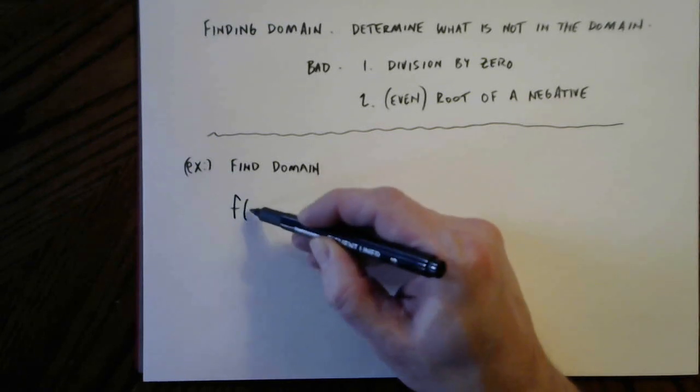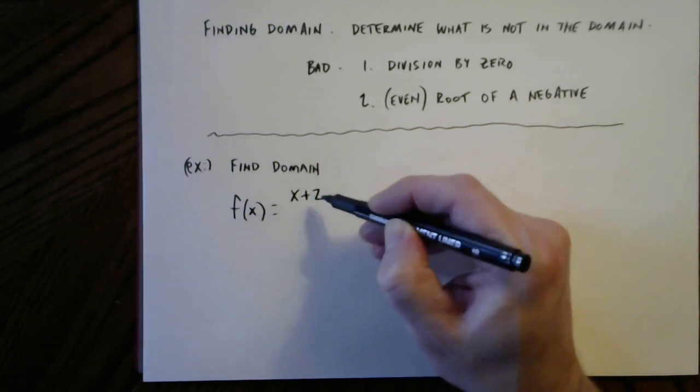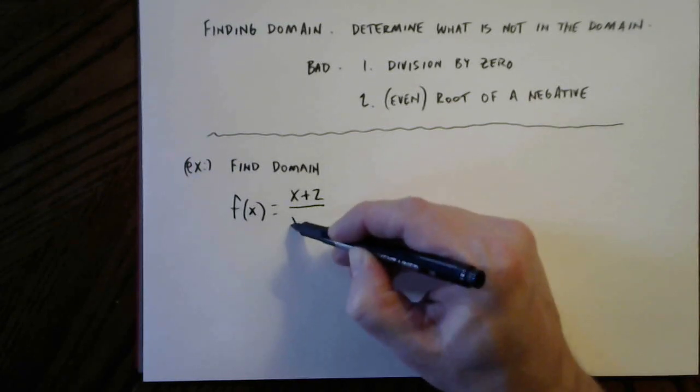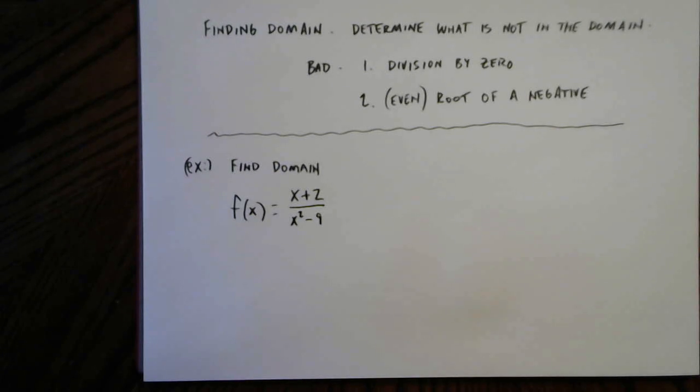Here's a function: f of x equals x plus 2 over x squared minus 9. And this one you could probably do without much work. You could think through it. That'd be called solution by inspection.